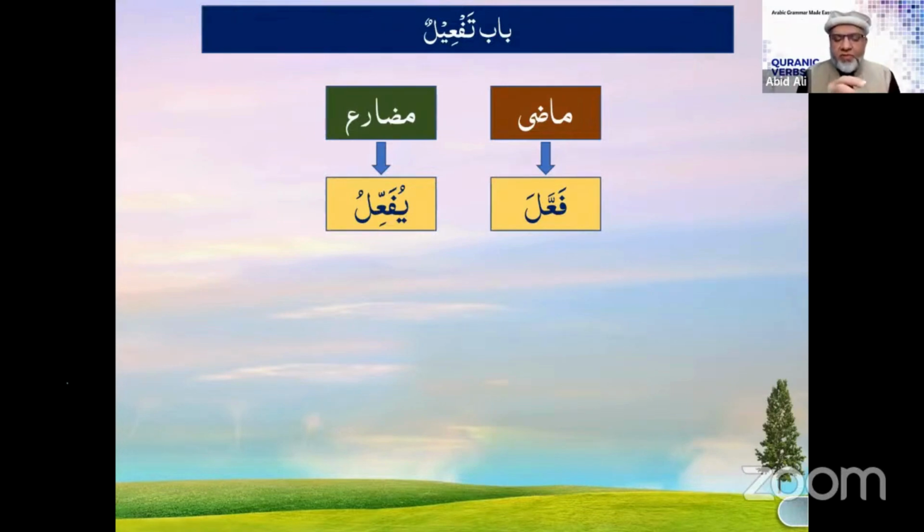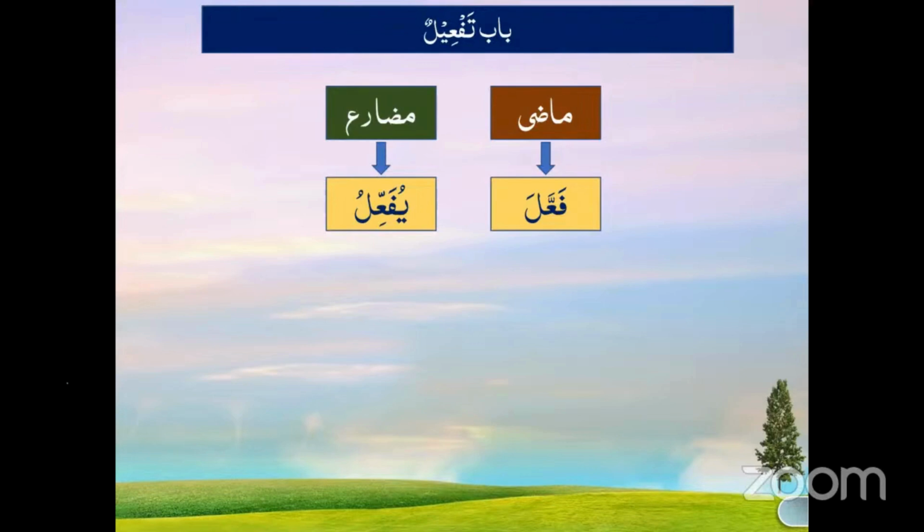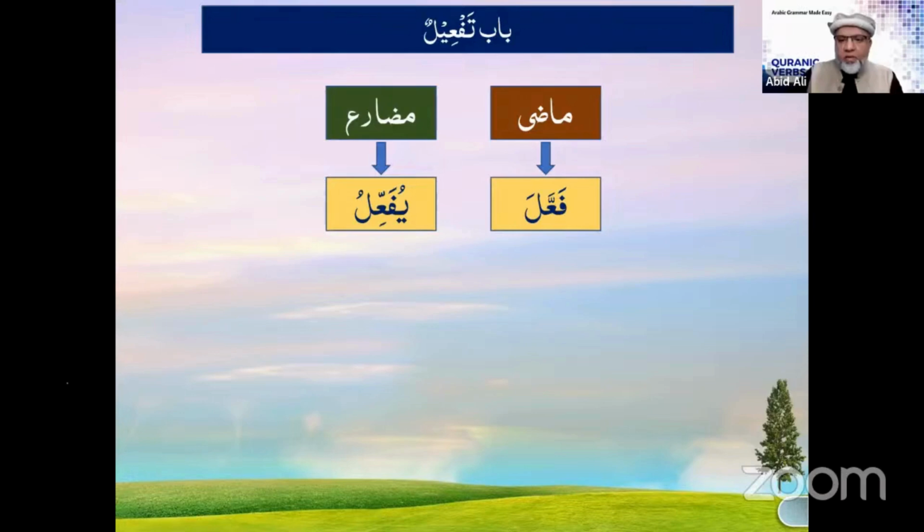So the Madi we extracted from Bab Taf'eel is fa'ala. And again, this is what the people of Arabic grammar did. We are just trying to learn. In the previous slides, or the first session, I had the steps for how it becomes from Bab If'āl to af'ala. But since we were getting lost in a lot of details, I took that slide and didn't even show it to you.